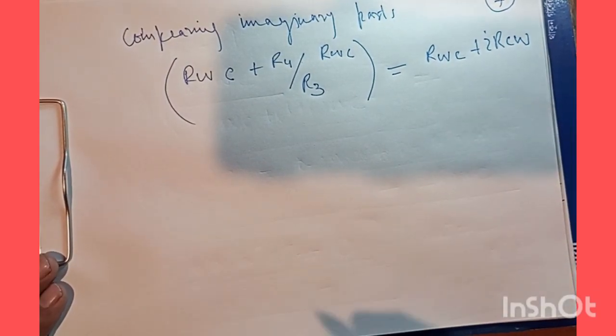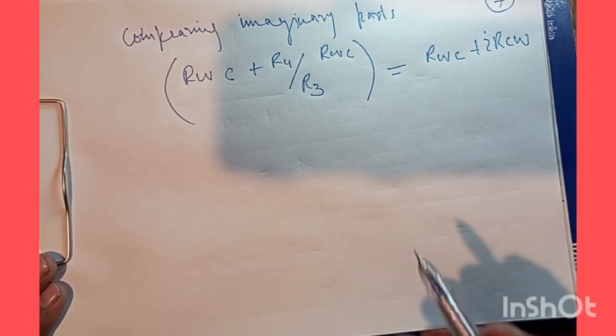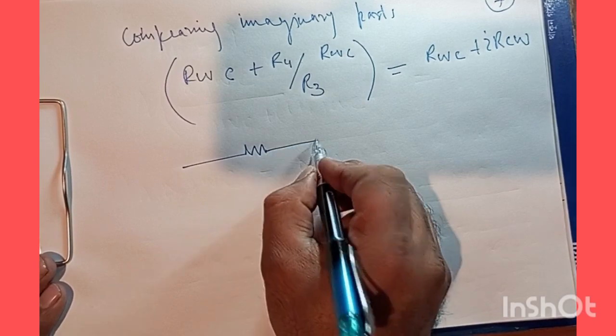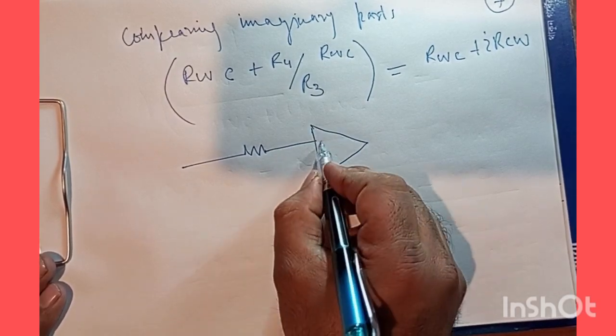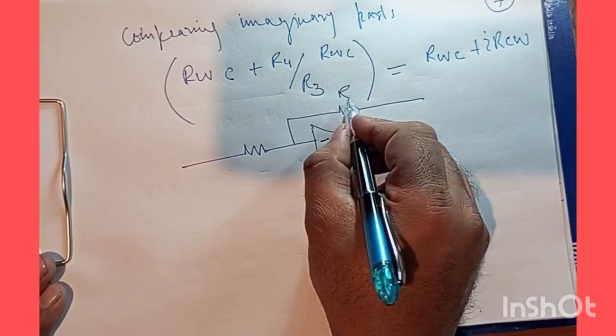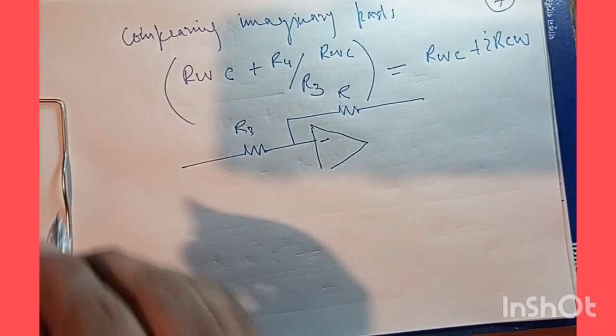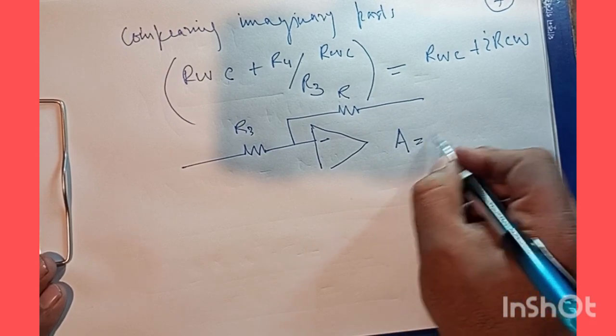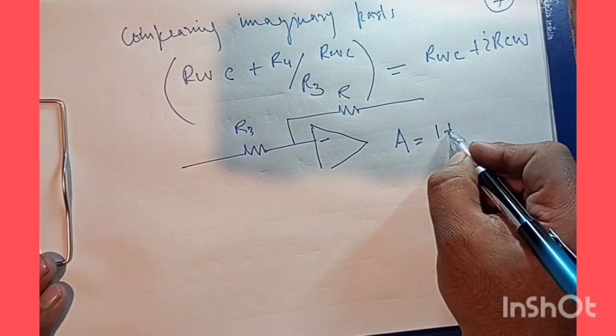Now the question is where from this R4 and R3 has come. If we go back to the circuit, if we think in terms of this being a negative terminal, then we have a resistance here. This is R4 and this is R3. And we have closed loop gain A, that is always equal to 1 plus RF by RI.